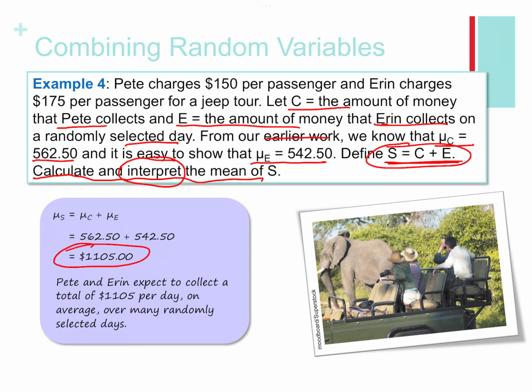When we did this in section 6.1, I did it differently. I said over many randomly selected days, on average, Pete and Aaron would expect. So I just flip-flopped how I wrote it. It doesn't matter, but if you don't have "over many," and if you don't have "on average," and then in terms of the problem, you're not going to get full credit for your sentence. So make sure you're taking the time to write your sentence.